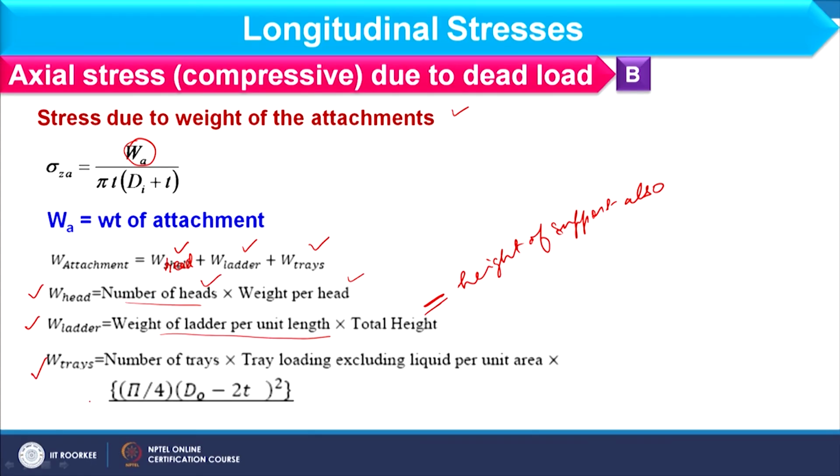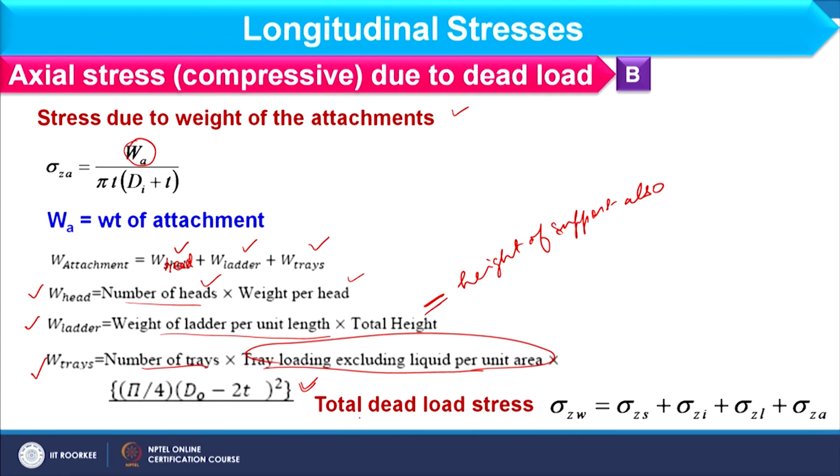And the weight of tray is number of trays into tray loading excluding liquid per unit area into area of each tray. So, that is pi by 4 di square. Okay. So, in this way you consider all attachment, and when we consider overall dead load, it should be total dead load stress, that is sigma ZW. It should be due to shell, due to insulation, due to liquid, and due to attachment, right.